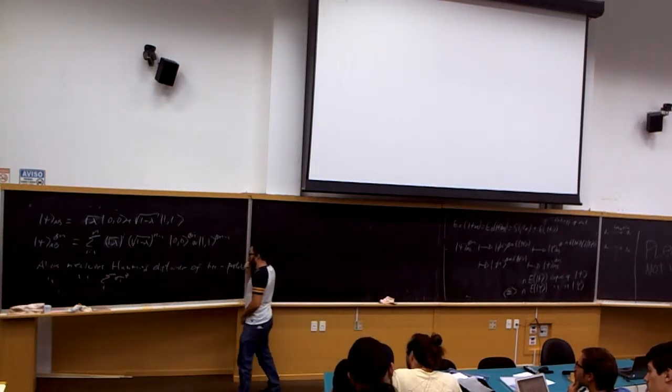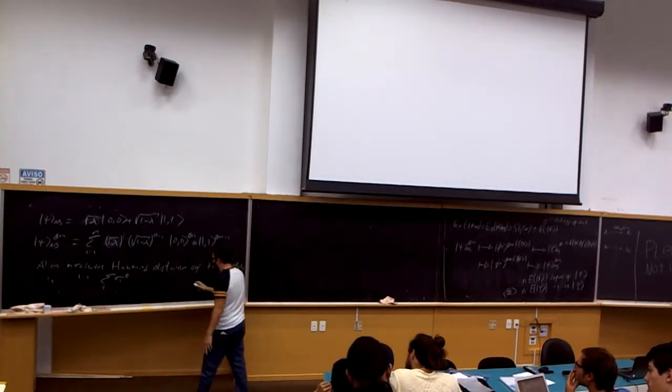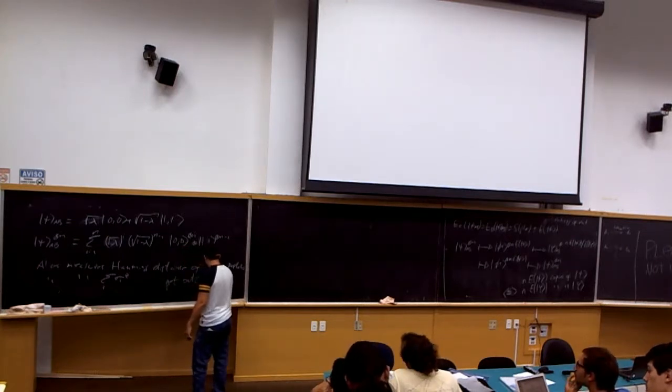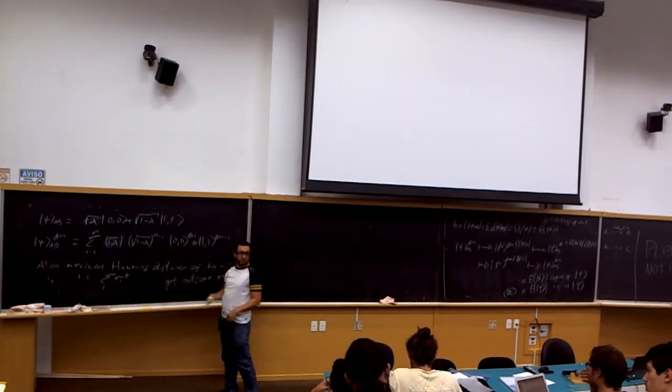So now suppose she measures the Hamming distance on her particles and gets outcome m. Okay, so she found that there are m ones, right?